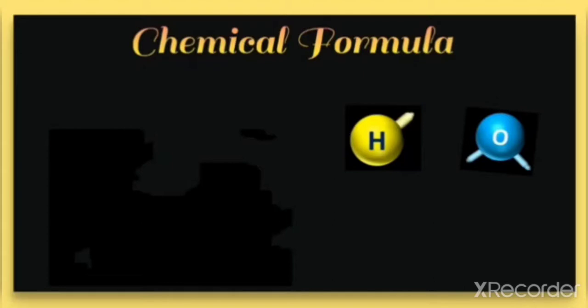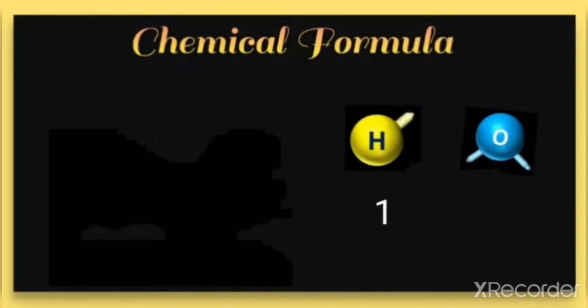Let us find out what the formula will be for this combination. Just count how many valencies there are for hydrogen. In the figure there is a single valency, that means a single arm. For oxygen, the valency is 2.